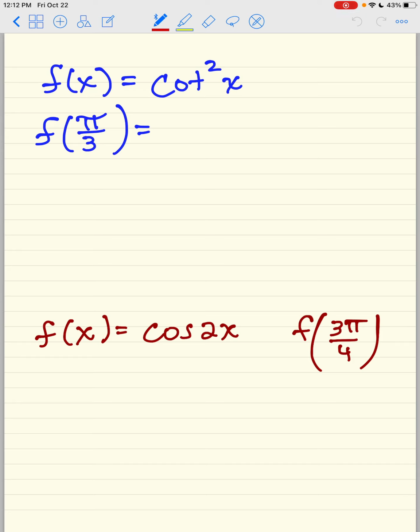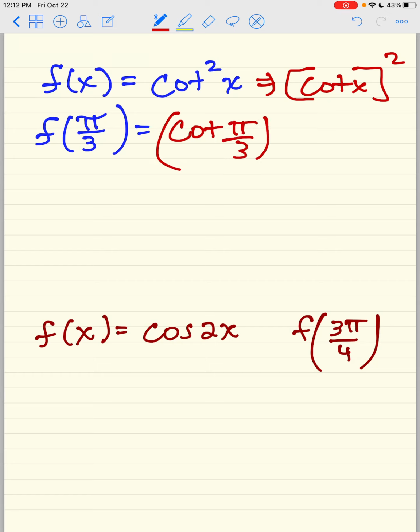Okay, let me do a few more. What I would do for anything that has an exponent is I would rewrite it like this. You could put parentheses. I just like to put hard brackets. So with that being said, I would put cotangent of 60 degrees, squared. I don't know what cotangent of 60 degrees is, but I do know what tangent of 60 degrees is.